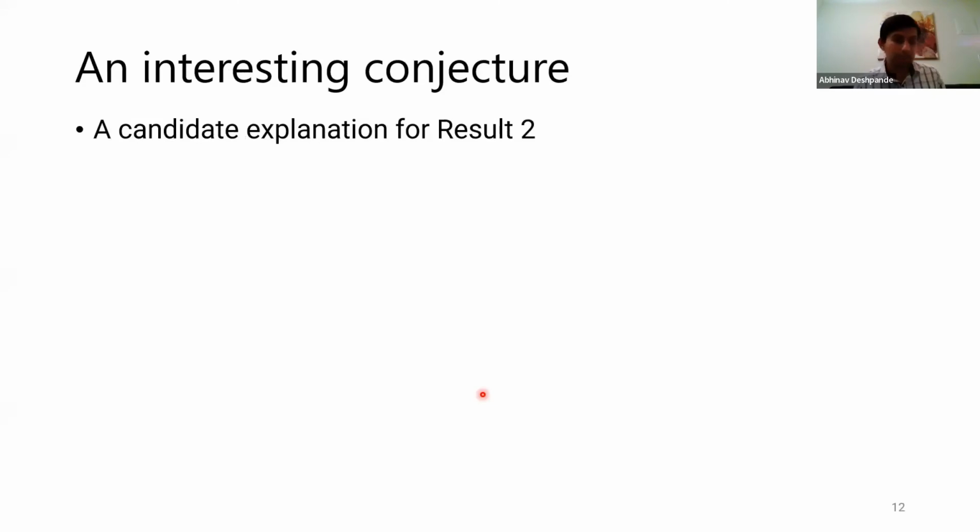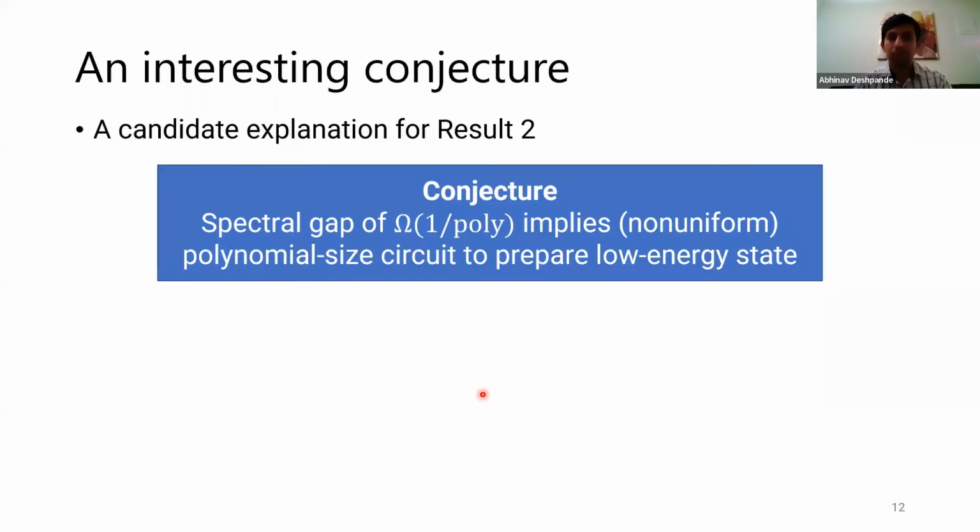And there's a very suggestive explanation for this previous result. So here's a conjecture, which is that if you have a spectral gap of inverse polynomial in N, let's say, then it implies that you can have a polynomial sized circuit to prepare some low energy state.